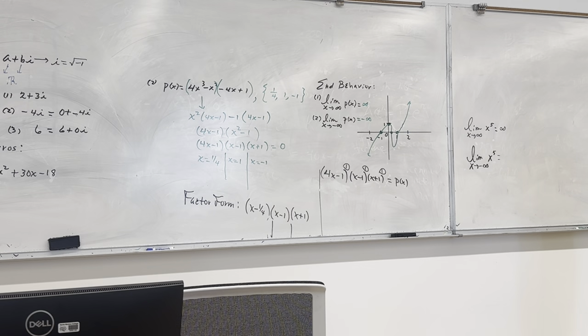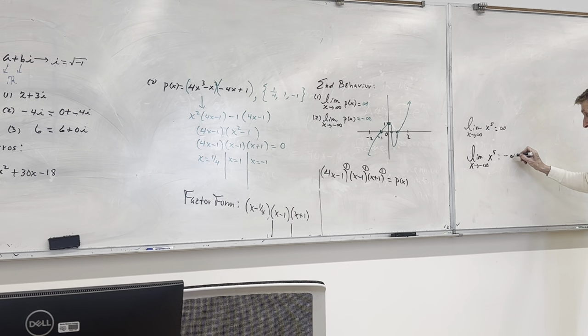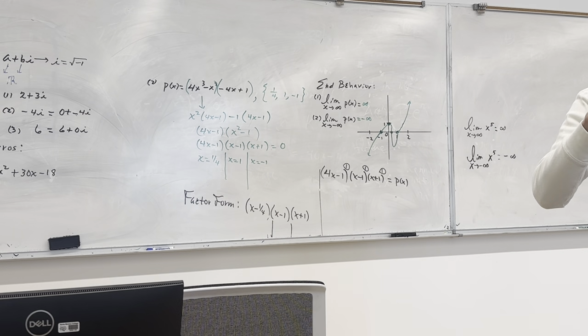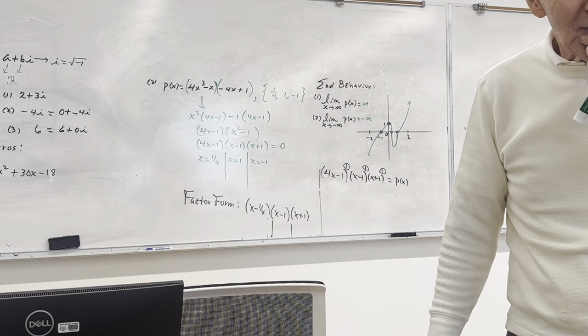Yeah, is it going to be a big number? Yeah, with that negative prefix in front. So what do you think the response would be? Negative infinity. It's large, but in fact it's small with that negative prefix. True? So you could just look at that and think about it to get the end behavior.